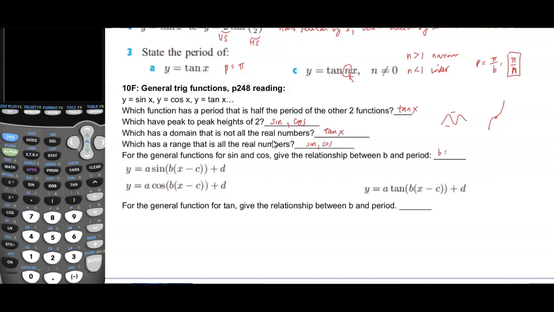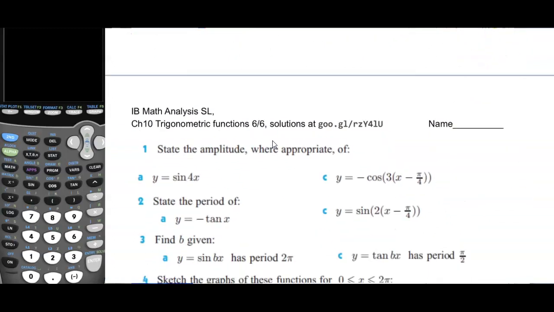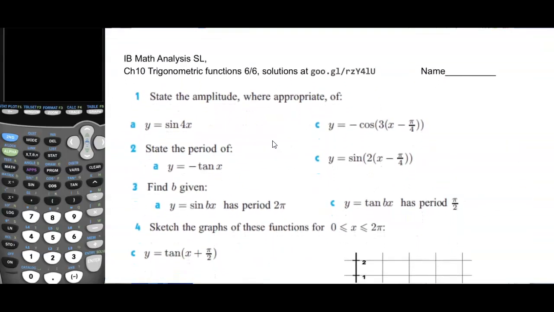That would be b equals 2 pi over p, or p equals 2 pi over b. And do the same for tangent. So for tangent, remember that the period is pi instead of 2 pi, so the relationships look like this instead. Okay? All right.